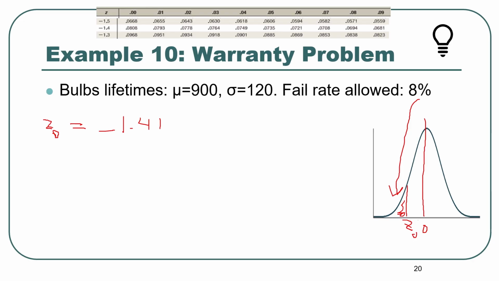Being closer to the 8%, this means my X naught, or the lifetime in terms of its original scale, in terms of hours, would be 900 minus, just because I do have a minus here, or I can just write it in its normal rule, which is plus the Z naught times the 120, and this minus and the plus will transfer to a minus.